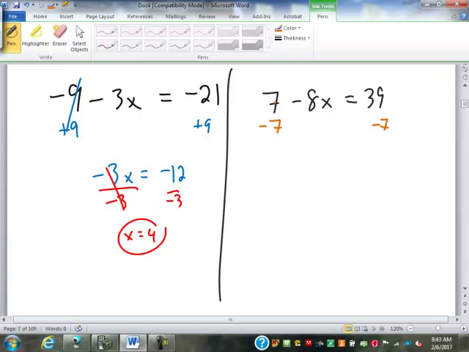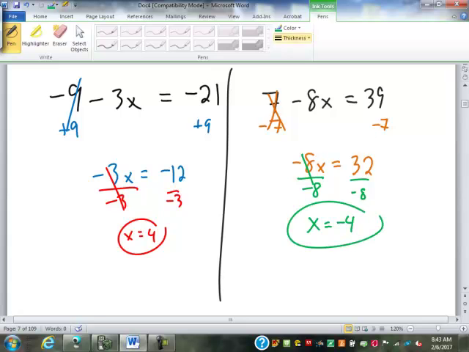Subtract 7. What do we get? Negative 8x equals 32. Good. And then divide by negative 8. We get, perfect. X equals negative 4. And of course, as always, you can test those numbers back in for x and make sure that both sides come out to the same thing.